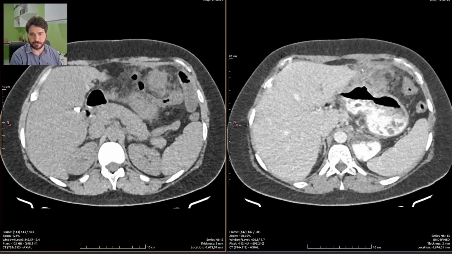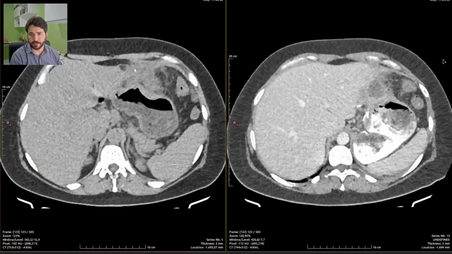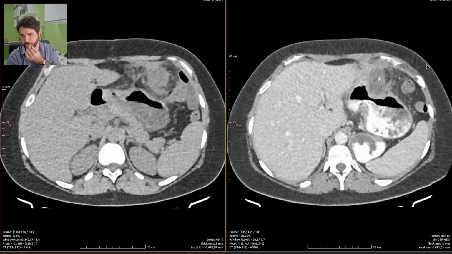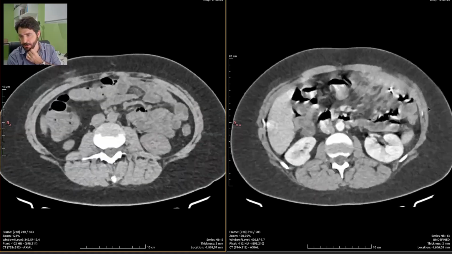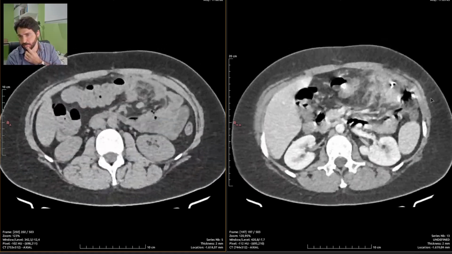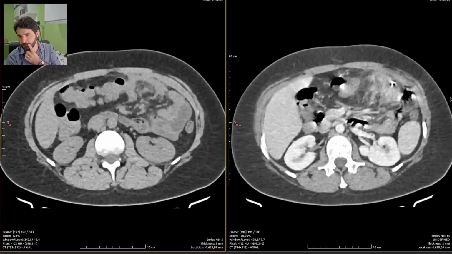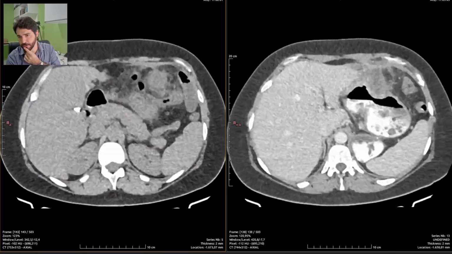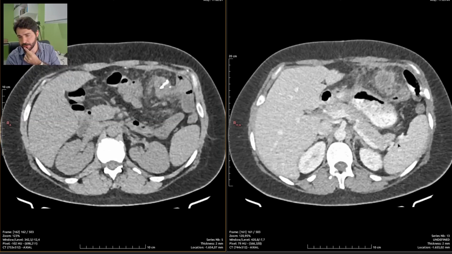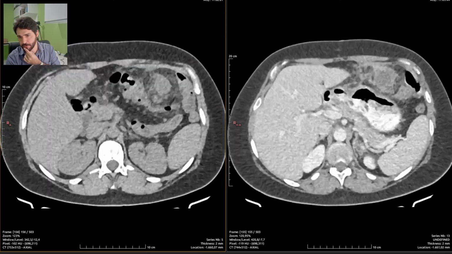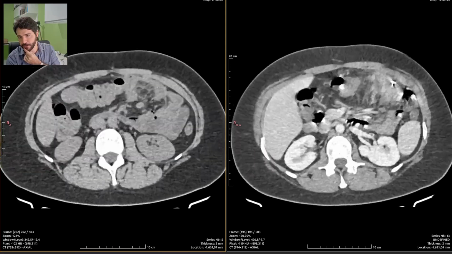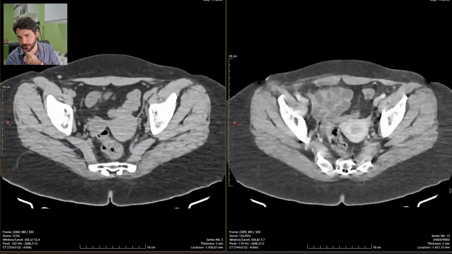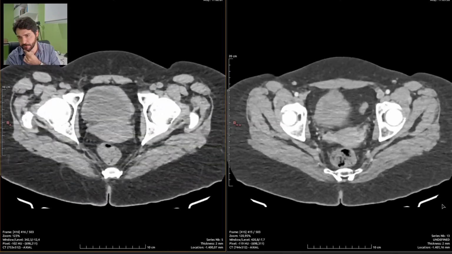The gallbladder is gone. There is no major liver disease. The pancreas is okay. Spleen, kidneys, great vessels, and adrenal glands are all fine. Portal vein is fine. There is no ascites, no free fluid.